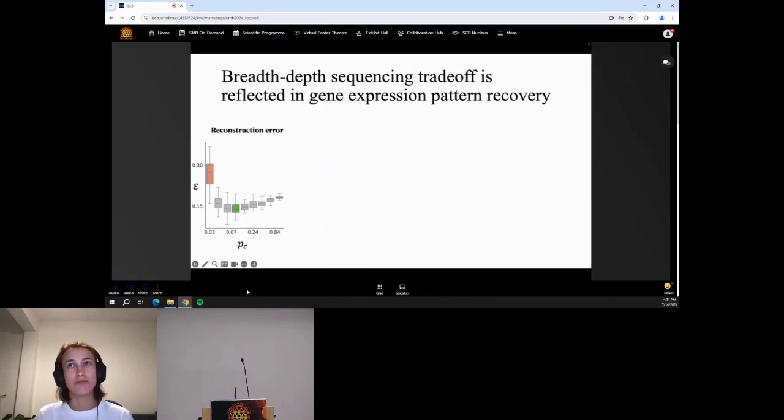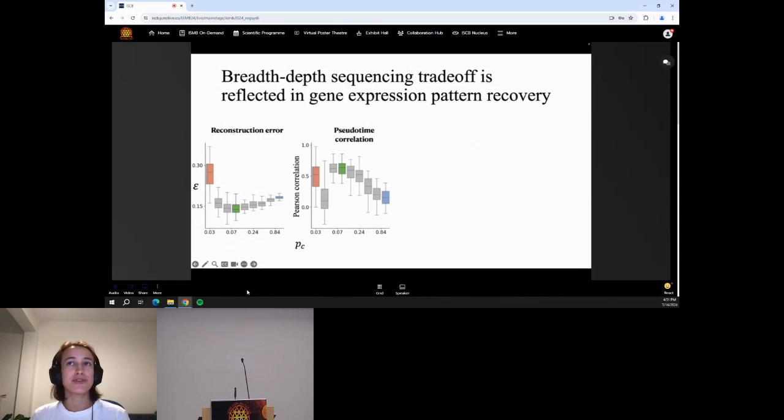So for example, for the mouse embryonic stem cell dataset at a budget of 60K reads, we show here the same reconstruction error curve as before, while highlighting sampling experiments of minimal reconstruction error in green and of deeper or broader choices in red or in blue, respectively.